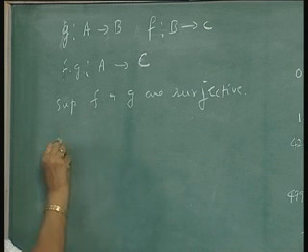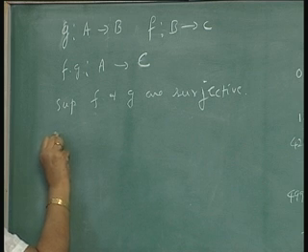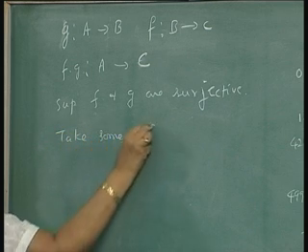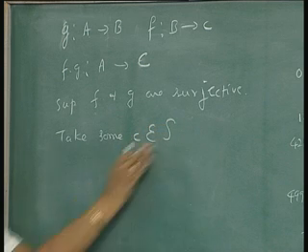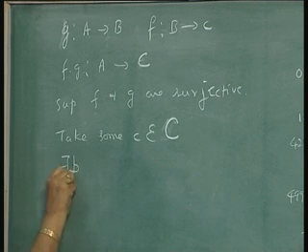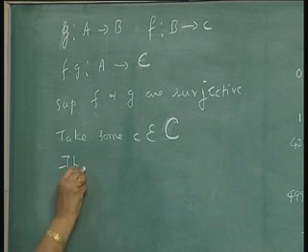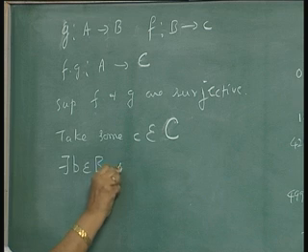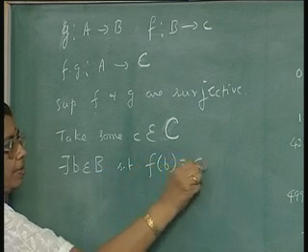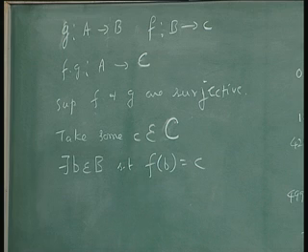Because f is surjective, take some element c belonging to C, then there exists a b belonging to B such that f of b is equal to c. Then only the surjective condition is satisfied.